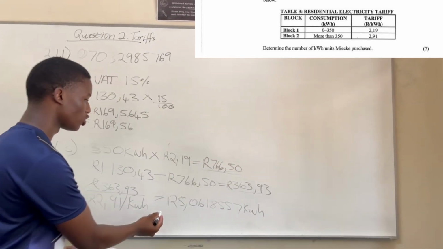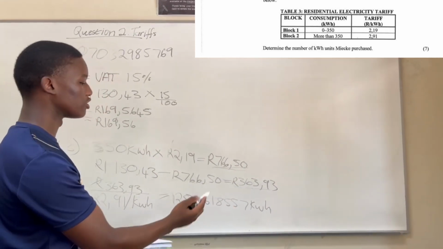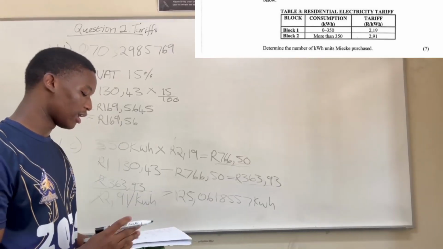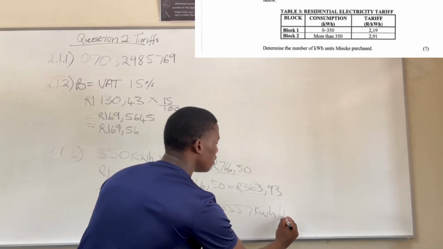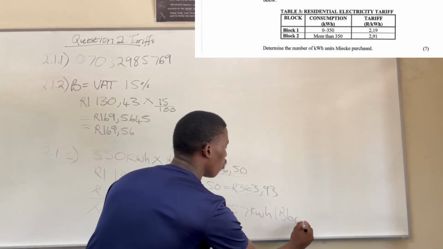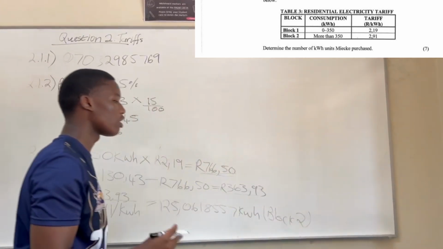So you can get 125, etc. But we are not done. This is the kilowatt for block 2.